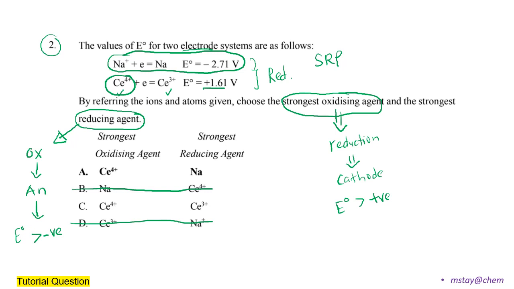Then we check which one undergoes oxidation, Na+ or Na. It is very obvious that Na goes to Na+, the oxidation number is increased. That is why Na is the reducing agent. So the answer for this question is A.